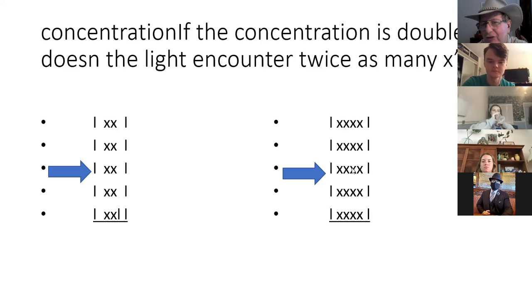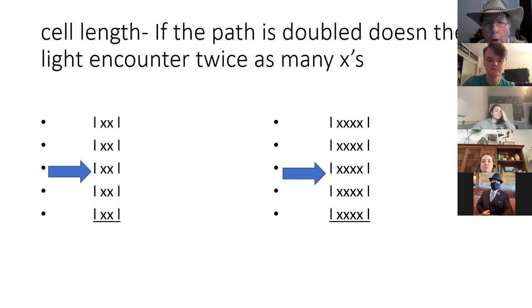Think of these guys as being in the front stage. The light has to get through them. It has to get through more of them than it does over here. Same thing's going to happen if I double the concentration. I'm still going to see twice as many molecules, right, guys? So either way, whether I do the path length or the concentration, I'm seeing more molecules if it's more concentrated or if my path length is longer.